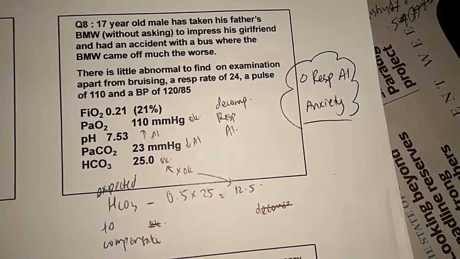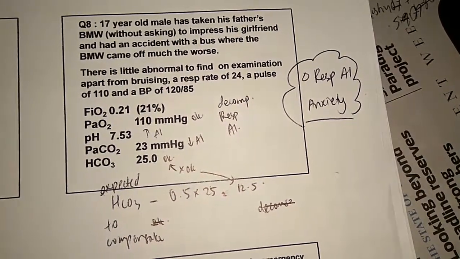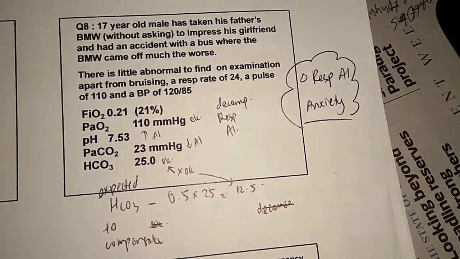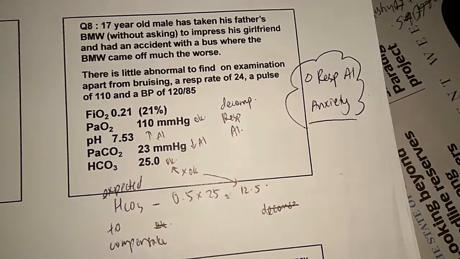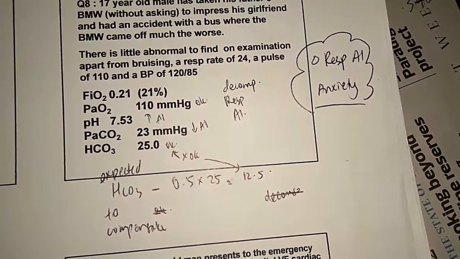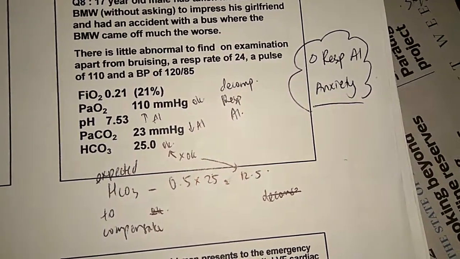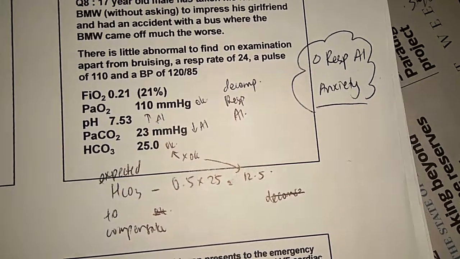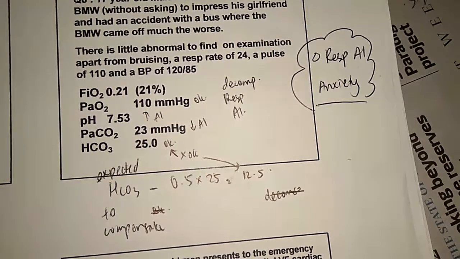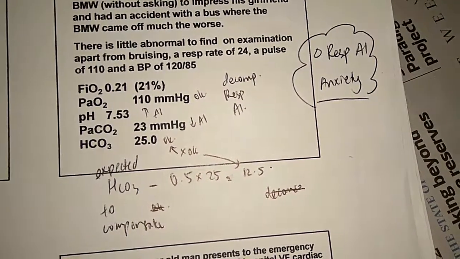The PO2 110, pH 7.53, PaCO2 23, bicarb 25. From here we know that he has respiratory alkalosis. The bicarb looks okay, but when we calculate using the formula, bicarb equals 0.5 times 25, we need 12.5 or less.